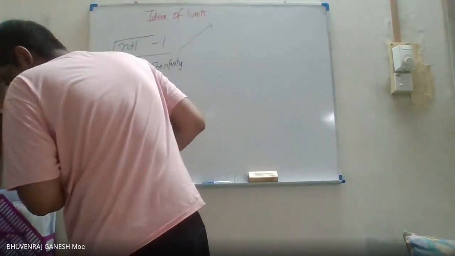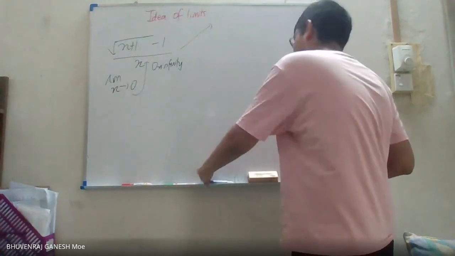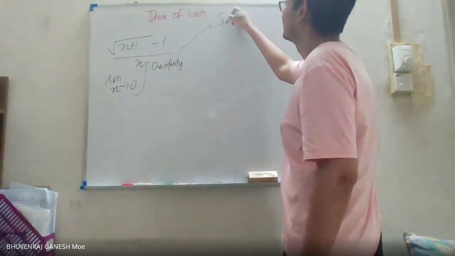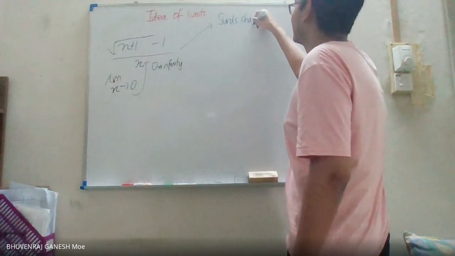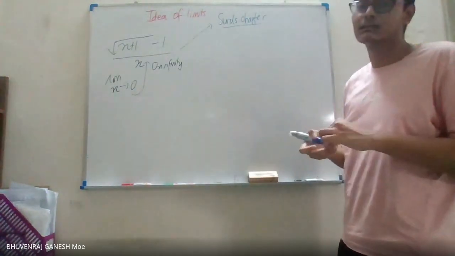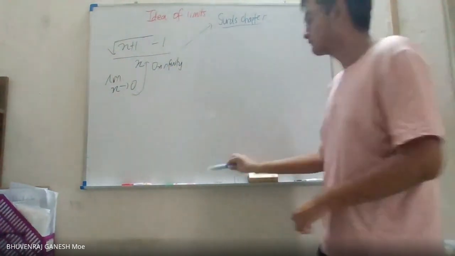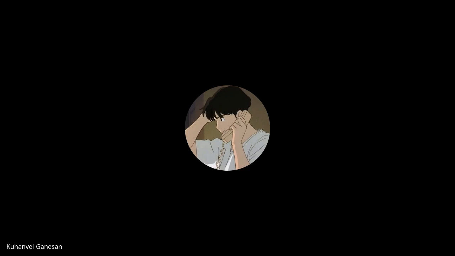So what you actually do is remember your surd chapter. That's why you see all the chapters are related in a way. Differentiation can involve surd knowledge.